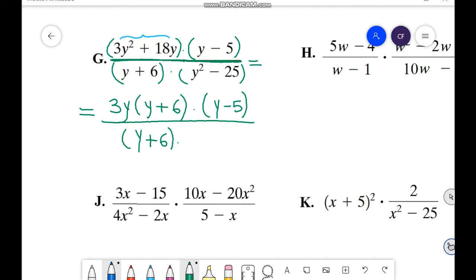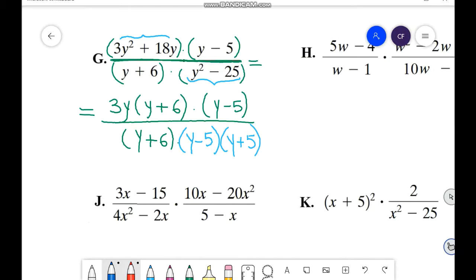And this is a famous one and well known. Y squared minus 25 is the same thing as y squared minus 5 squared. Difference of perfect squares that we can write as y minus 5 times y plus 5. Cool? Now check what can we cancel.